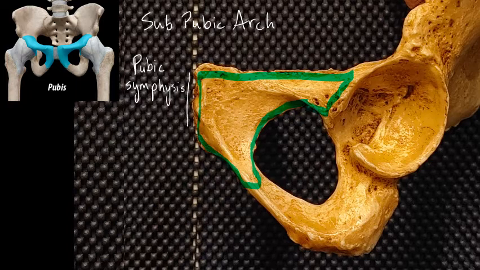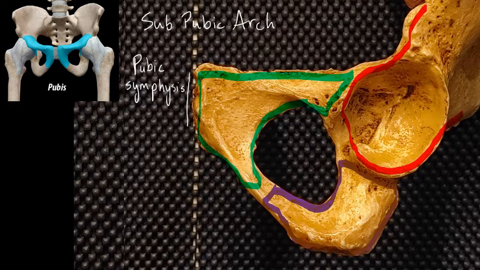That's better. This represents our ischium, that part that gets sore when we're riding a bicycle, and of course our ilium in red. And as I pointed out a couple times, these are all fused by adulthood.